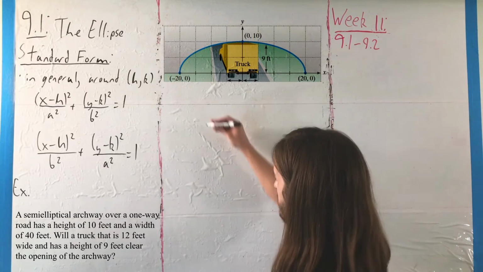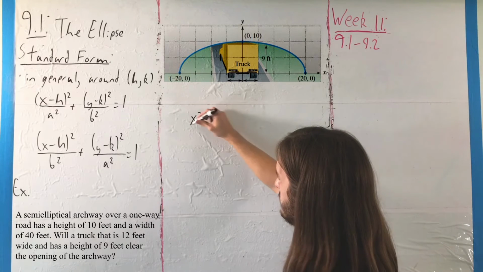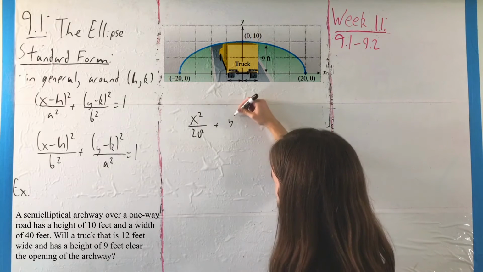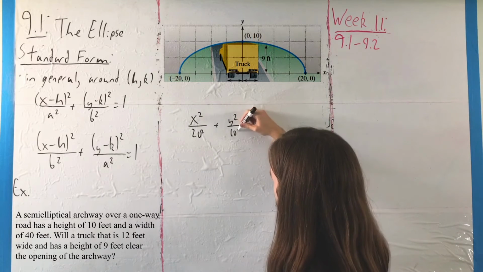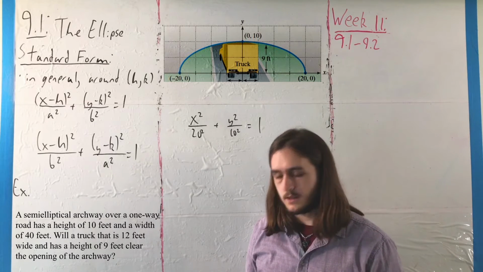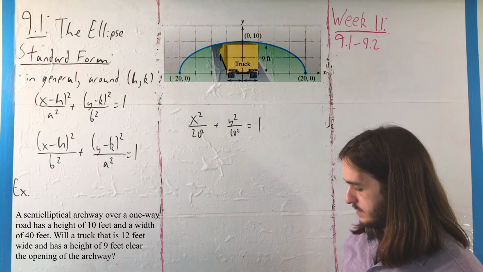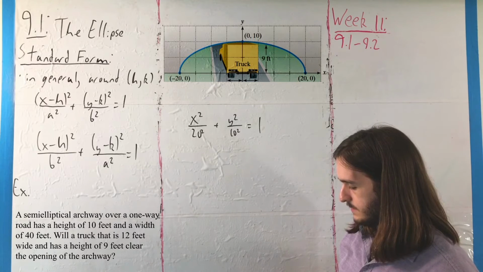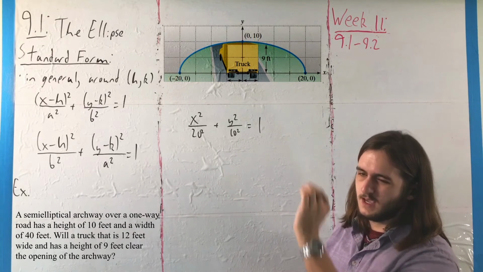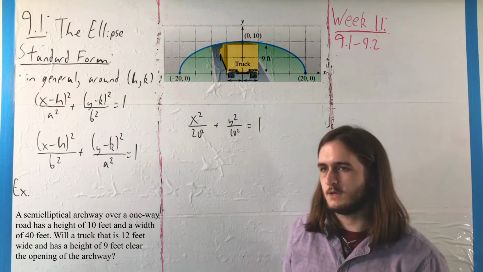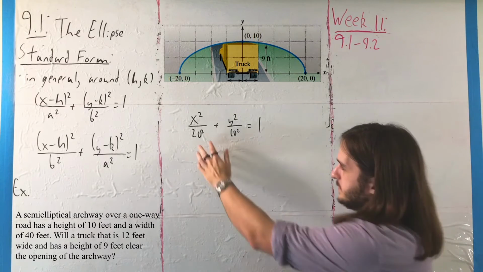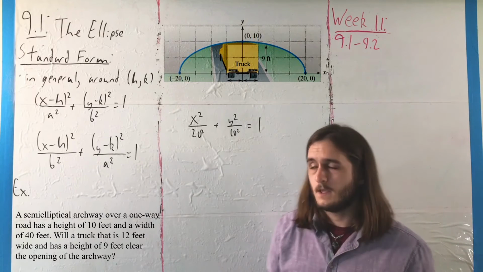If we have that type of arrangement, it will have equation x squared over 20 squared plus y squared over 10 squared equals 1, because it has a major axis length of 40 feet and a minor axis length of 20 feet. It's implied to be 20 because it's half of 40, and half of 20 is 10. And don't worry too much about that exact subtlety there. But we end up with this type of setup.